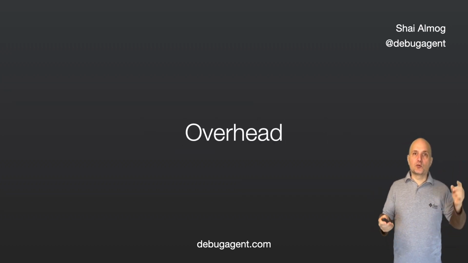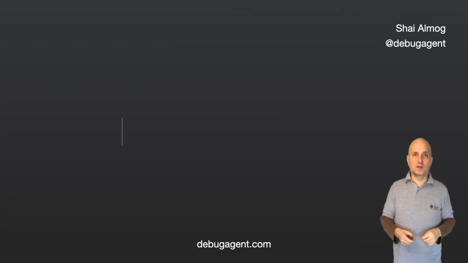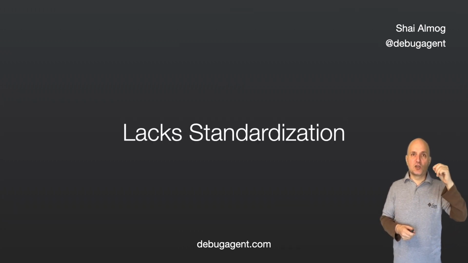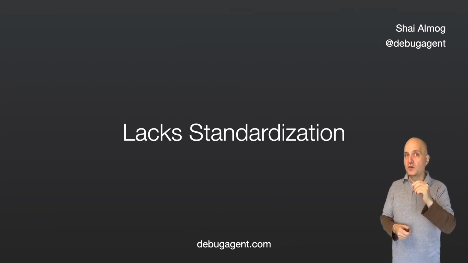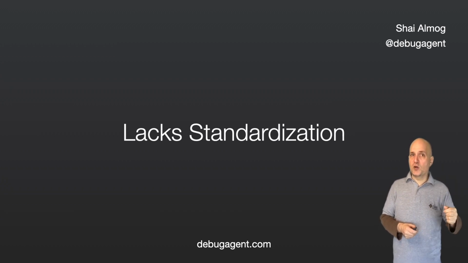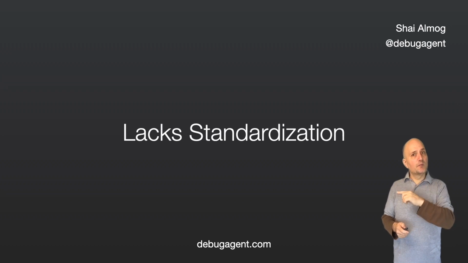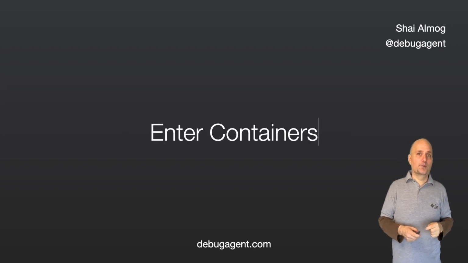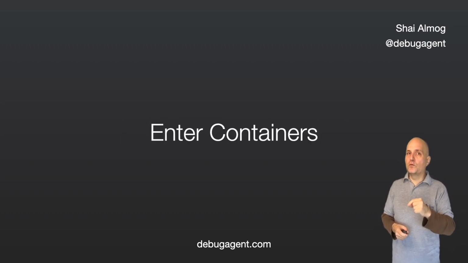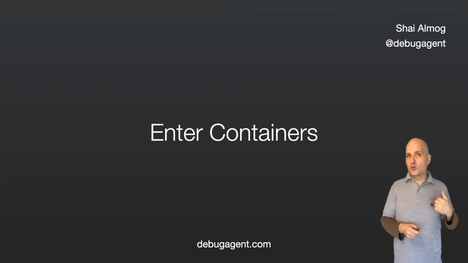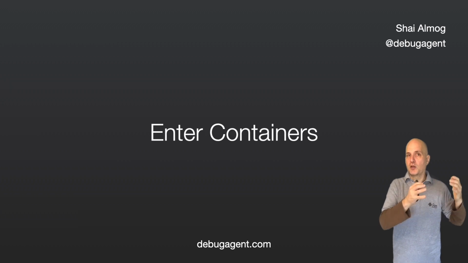The overhead of virtualization is significant. Each virtualization vendor has their own standard. If I built an image using one virtualization server, it might not work on another. Containers solved both problems. They used some kernel capabilities to isolate the currently running code.